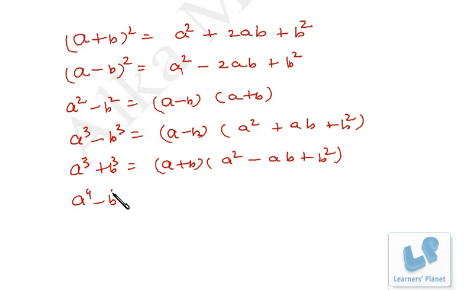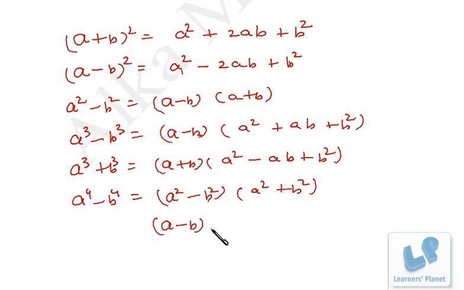a4 minus b4 is a square minus b square into a square plus b square. So it's a minus b, a plus b into a square plus b square, right? Next is a plus b whole cube.